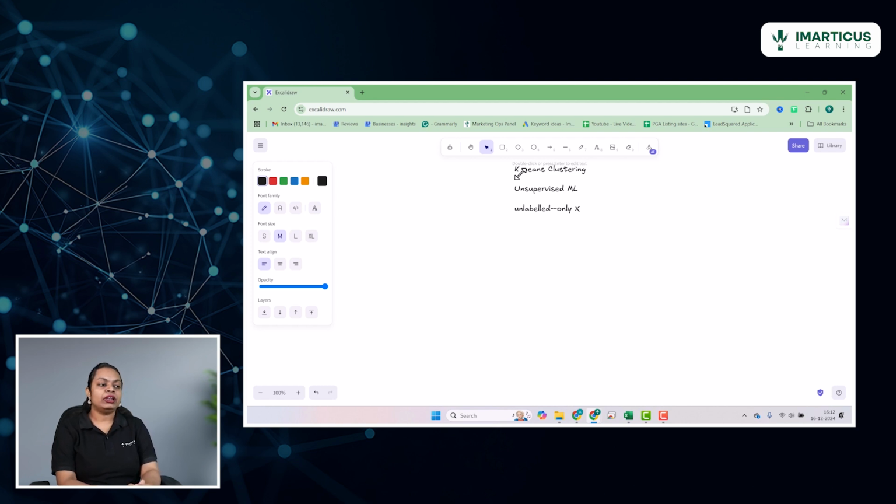However, let me also tell you that it is a time-consuming process because it is an iterative process that it performs. The clusters keep on getting reformed, or the data points are reclustered in each and every iteration. So that becomes a little tedious task.